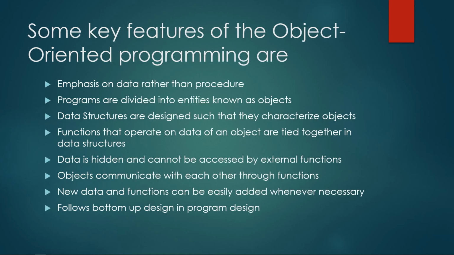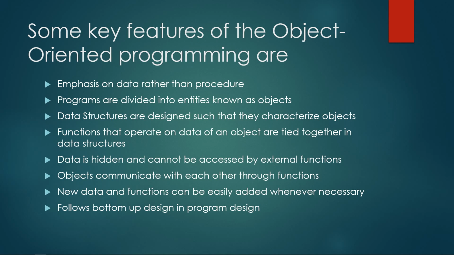Here we can see some key features of object-oriented programming. The first one is emphasis on data rather than procedure. The second one is programs are divided into entities known as objects. The third one is data structures are designed such that they characterize objects. The fourth one, functions that operate on data of an object are tied together in data structures.